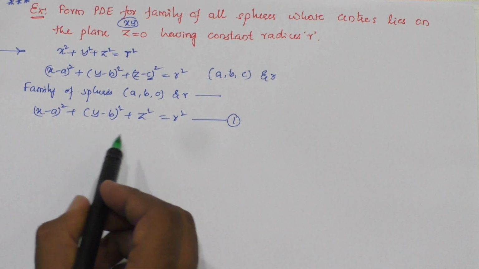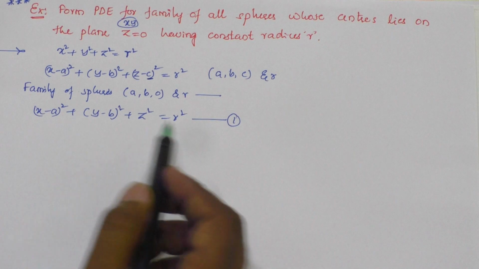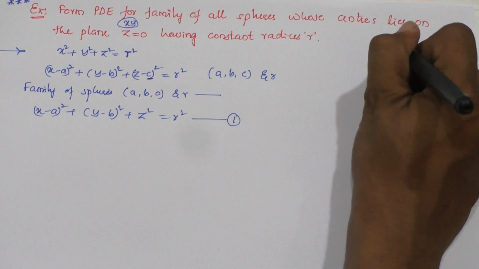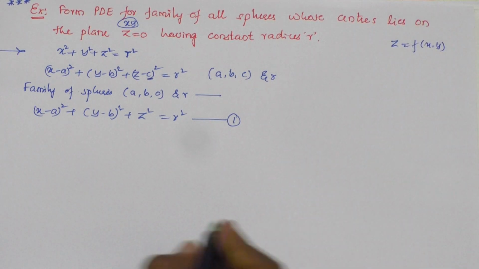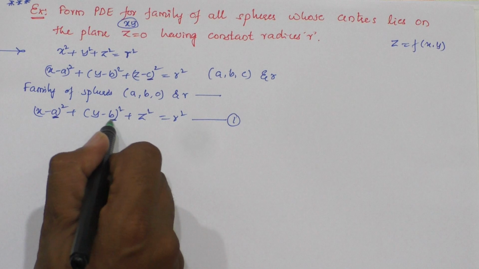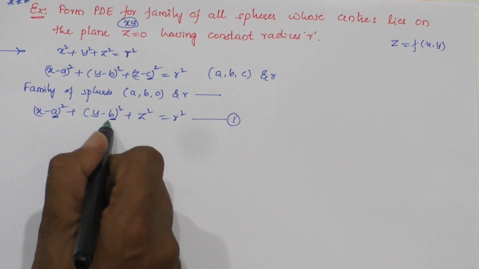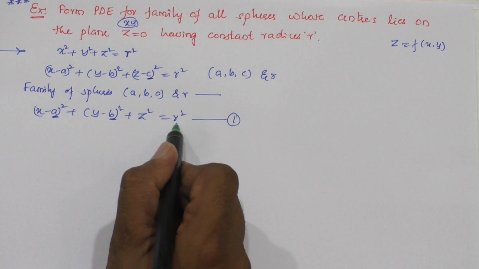So here always remember throughout this module, z is always a function of x, y, or z is dependent on x, y. And here the arbitrary constants are a and b. These will vary, and r is a fixed constant, so it is not an arbitrary constant.